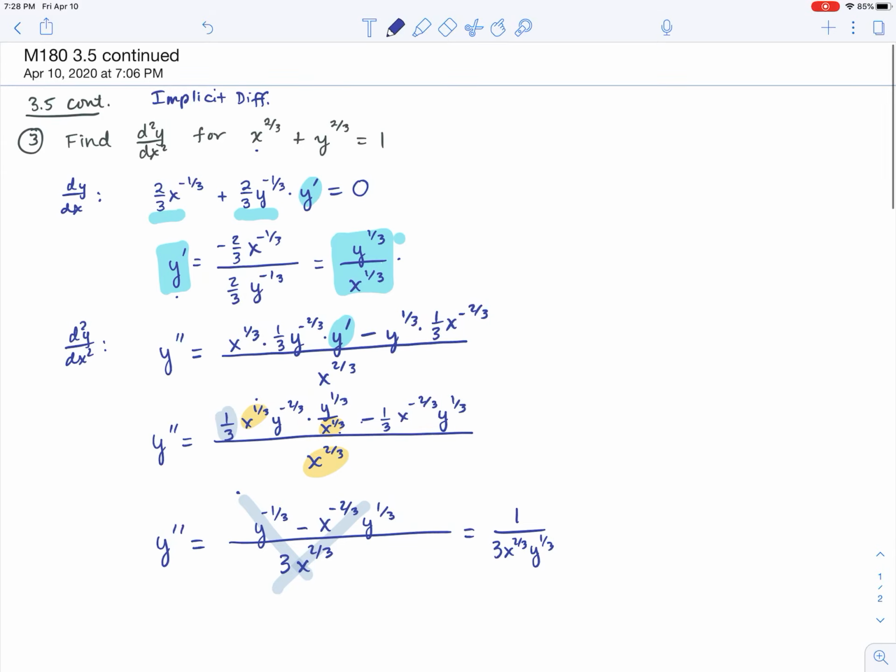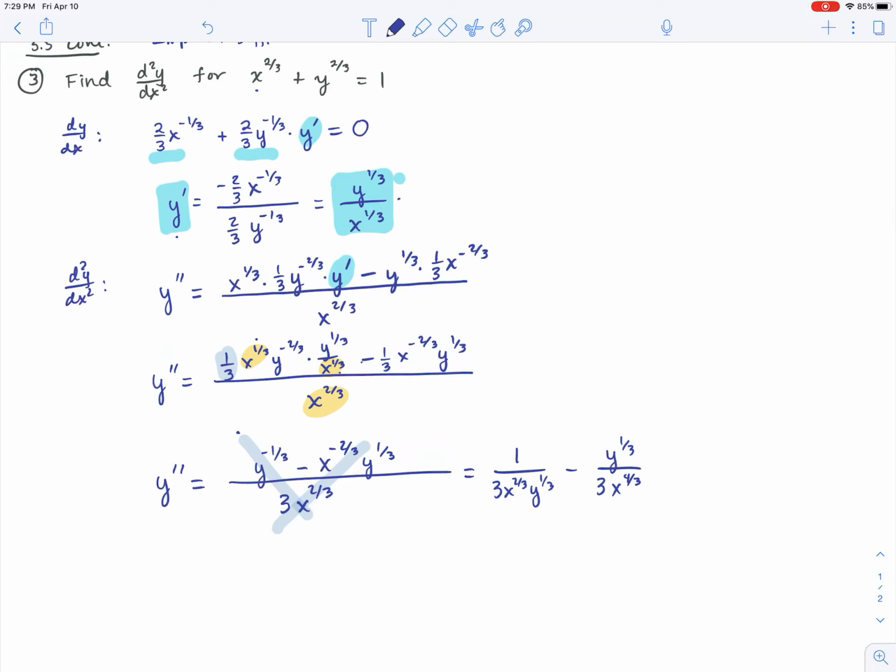And then I'm going to have minus, there's a y to the 1/3 in the numerator, and then a 3. Well, the 3 is going to be there, but then the x to the 2/3 is going to become x to the 4/3 when we combine it with the x to the negative 2/3 in the numerator. And we could probably do more. We could get a common denominator, but I think this is a pretty reasonable answer. It's for the second derivative.